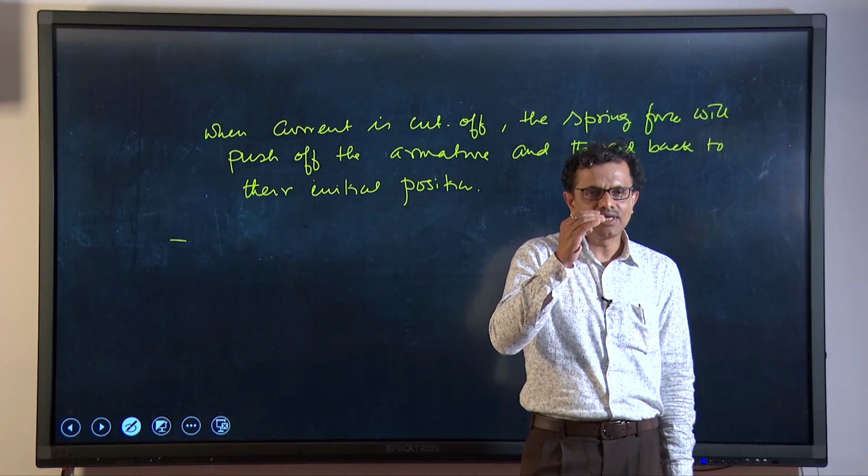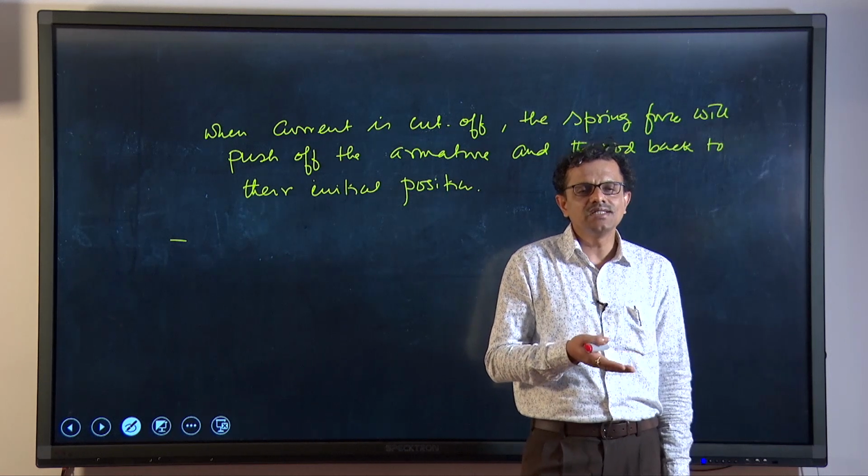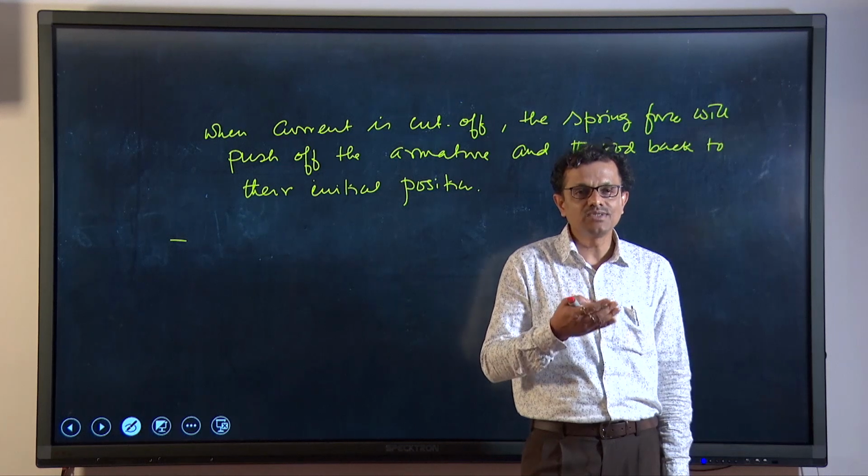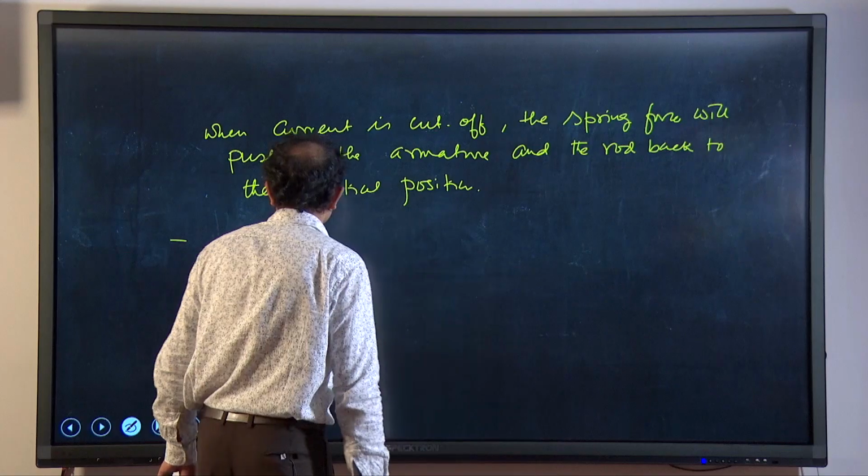So, the armature will come down pushing the rod further downward, and if we switch off the current, it will again come back to its original position. That means we can have an abrupt motion of this entire assembly, that is rod and armature.